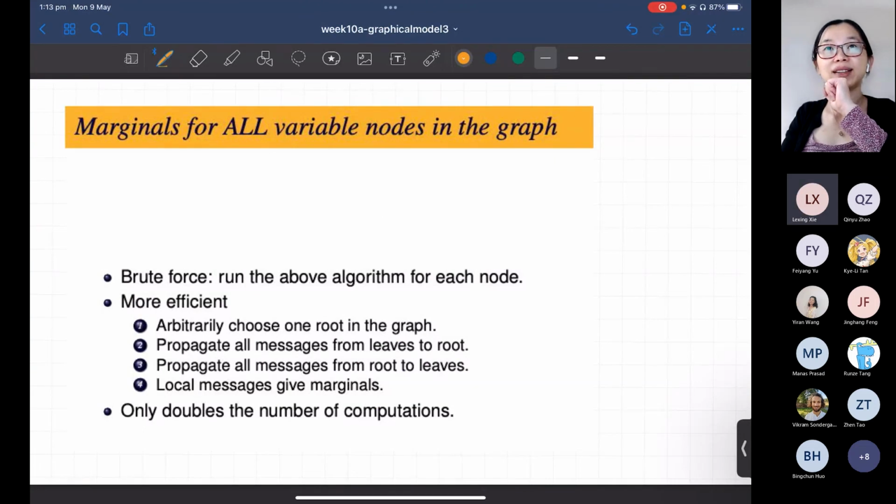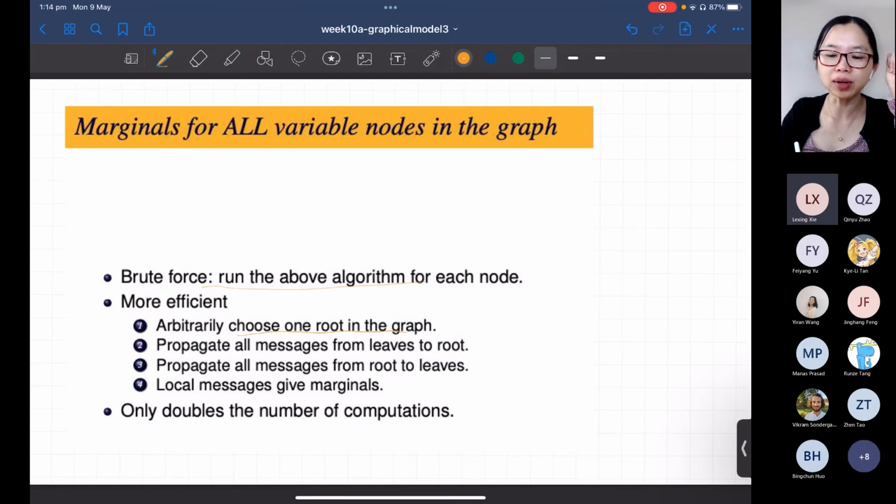So we more or less covered this already. If we do a brute force, we run the above algorithm for each node. Oh, that's not very good. The more efficient way is to arbitrarily choose some root in a graph. It doesn't matter which one we choose, as long as the factor graph tree is the same, the computational complexity is the same.